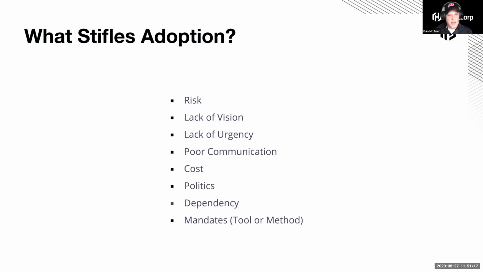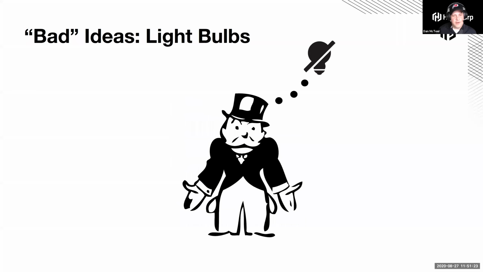And so just to paint some extra light around this, I want to talk about some really terrible ideas that have happened throughout the years. The first one is light bulbs. Back in the late 1800s, Thomas Edison was working on the first iteration of the incandescent light bulb.